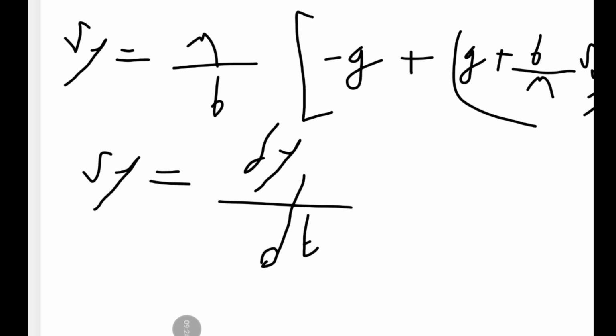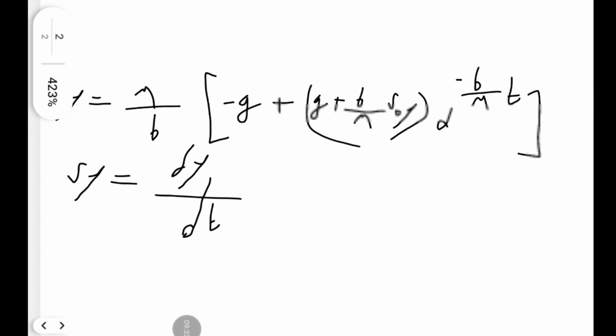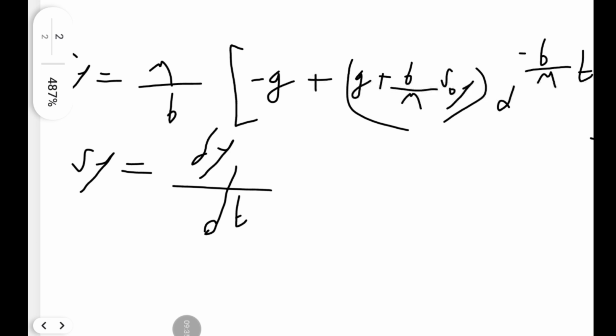Again, y0 is going to be 0; we'll assume it starts at y equals 0. You can then rearrange that and you get the same format. All you have to do is integrate the e part, and the minus g part will become minus gt, plus the integral of the e term, where you also divide by minus b over m, and you can get the position vector for y as well.